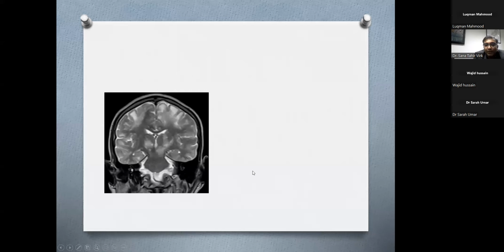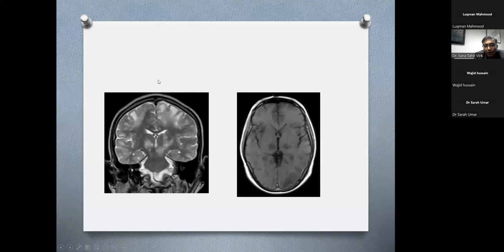And this is again the coronal T2 image showing predominant involvement of the white matter, the deep white matter, the subcortical U fibers, with some involvement of the gray matter as well. Typically, PML also does not involve the capsuloganglionic region, but this patient did have lesions here as well. And again, there is no enhancement whatsoever on post-contrast T1 images.